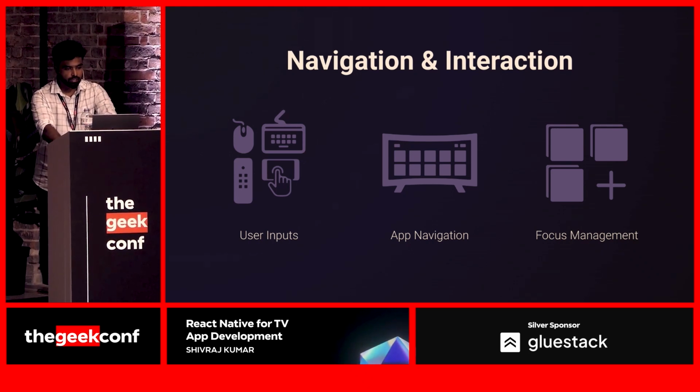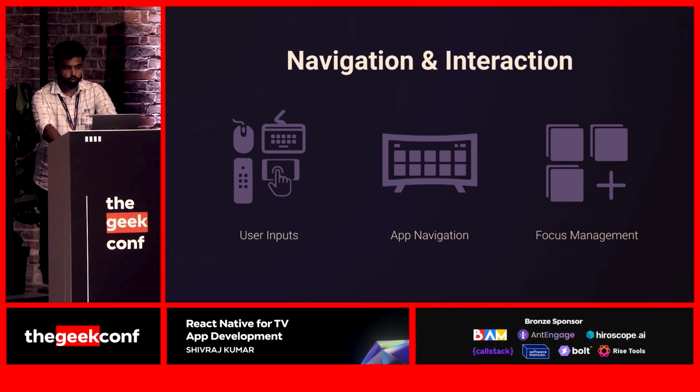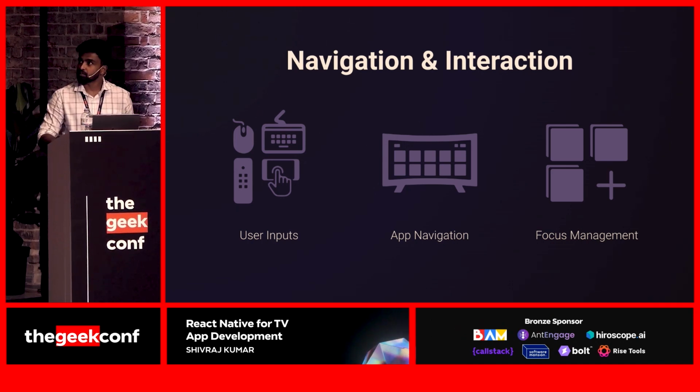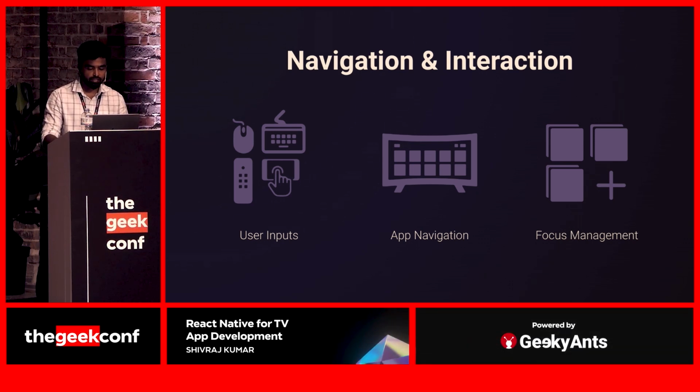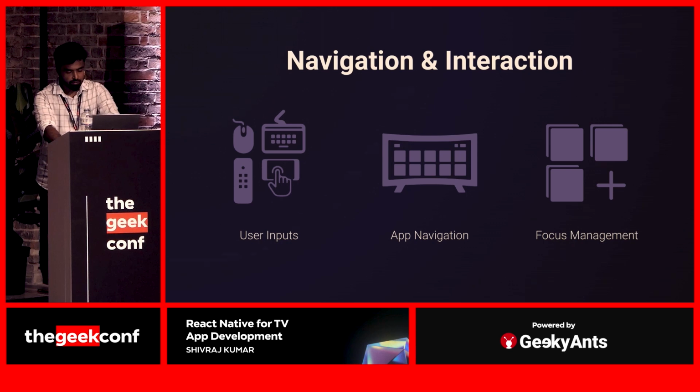Now, let's look at how navigation and interaction work in TV apps. If you look here, the navigation and interaction in TV apps are handled by the user inputs, which happen through remote controls. And there's app navigation, which I already mentioned, through the content that we see on the main screen. It could be horizontal or vertical through the remote controls.